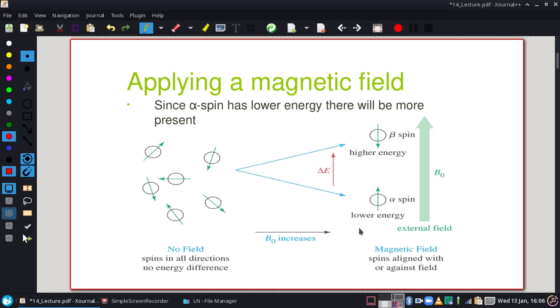Now, the neat thing is, unlike maybe what we'd say in quantum theory, where our atoms are always going to choose to go into the lower state, turns out inside that magnetic field, the energy that the atom is going through causes our nucleus to flip back and forth between these two states.